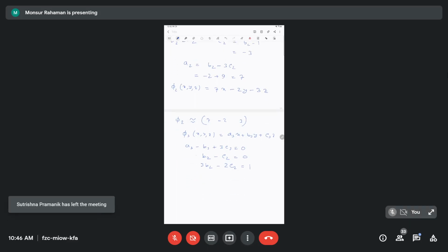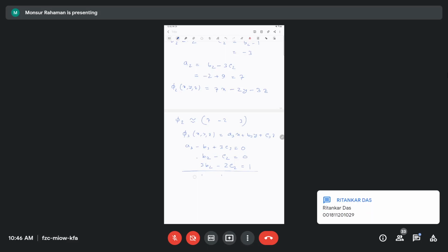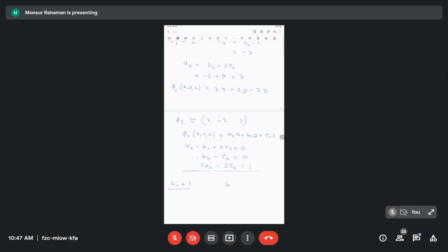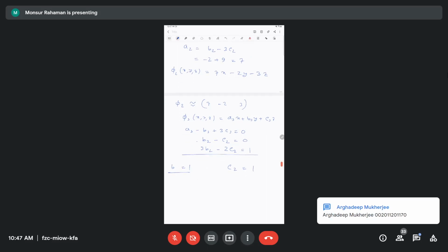In this, b3 equals 1 will be. Okay, so b3 is 1 and c3 is equal to b3, so this is also 1.